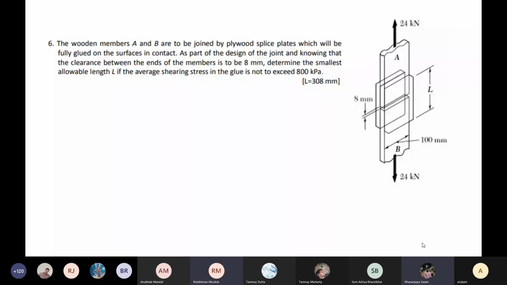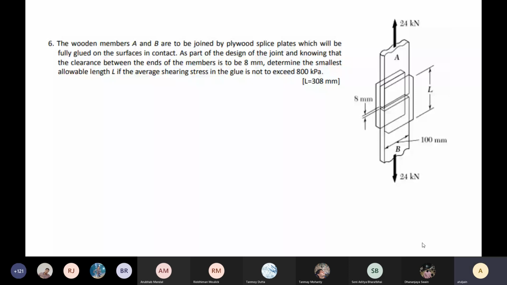Sir, for the shear stress here, are we considering both the surfaces? Yes, both the surfaces we have to consider. I did it as 24,000 divided by L minus 8 into 100 is 800 into 10 to the power minus 3, meaning that 24 kilonewton is applied at both the ends.